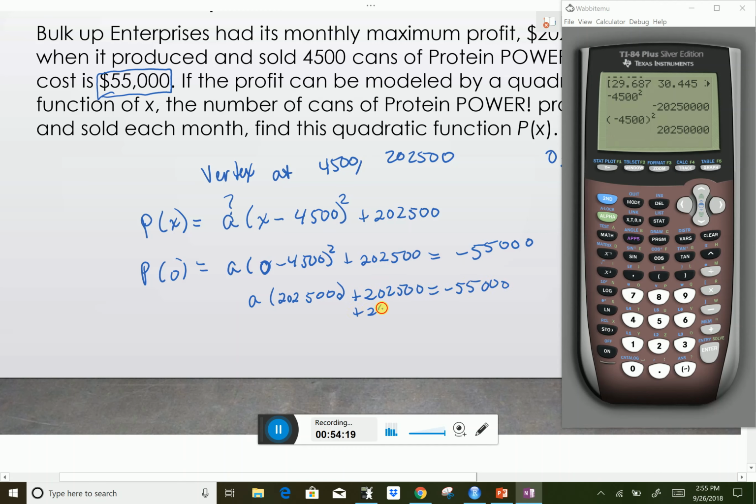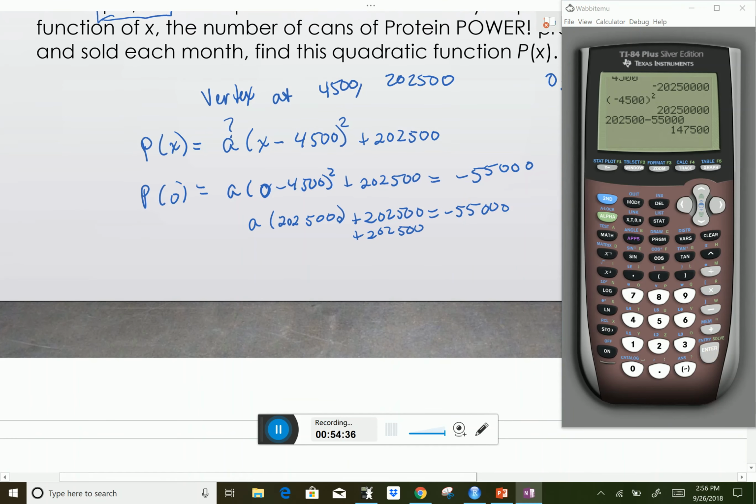So let's subtract this from both sides. So 202,500 minus 55,000. So this means that 202,500 a equals 147,500.